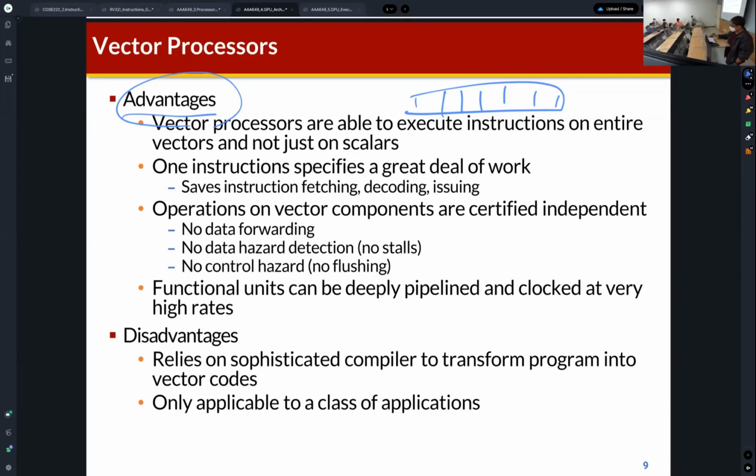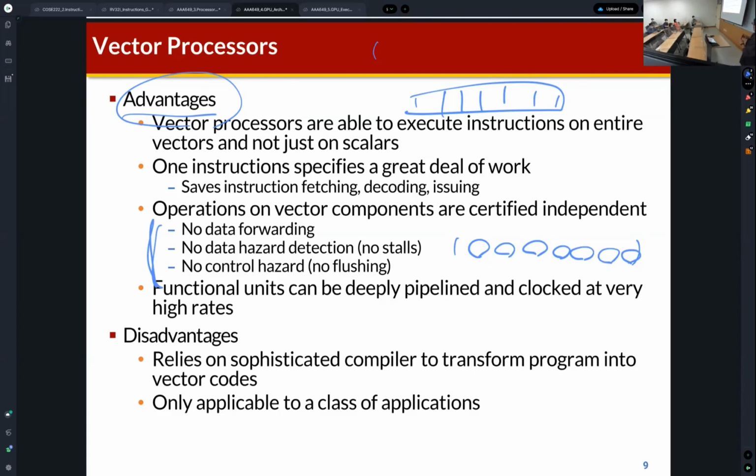I also explained that elements inside of a vector are independent, so we don't need to consider data dependencies between elements inside of a vector. We don't need complex architectures such as data forwarding and hazard detection. They also don't need to think about control hazards, because vector type processors usually do not support control instructions.